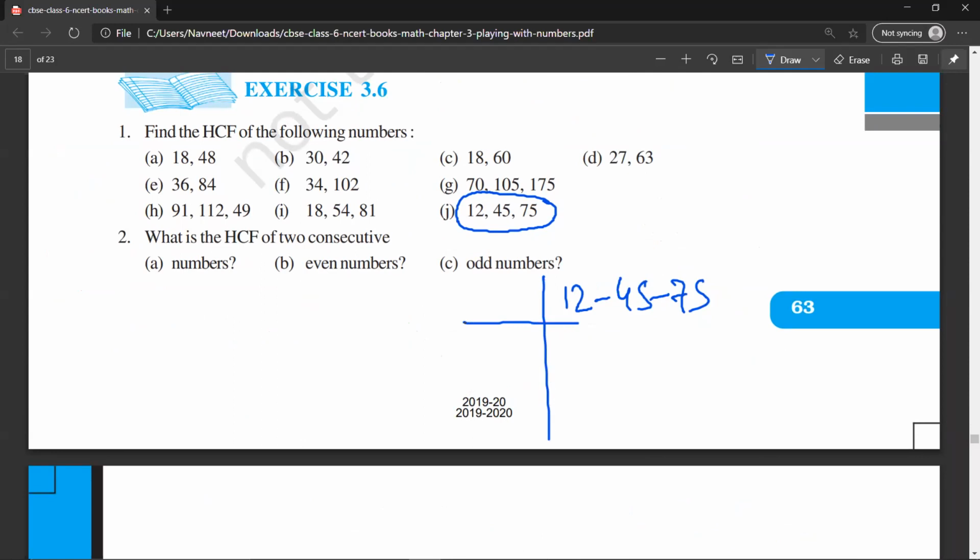So, what is the common factor that I see? 12, 45, and 75. So 3. Is there any other common factor? No, sir. So, what would be the HCF?